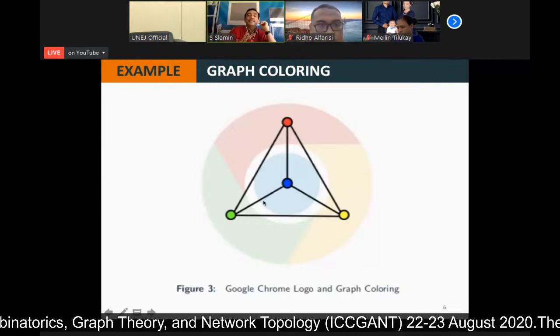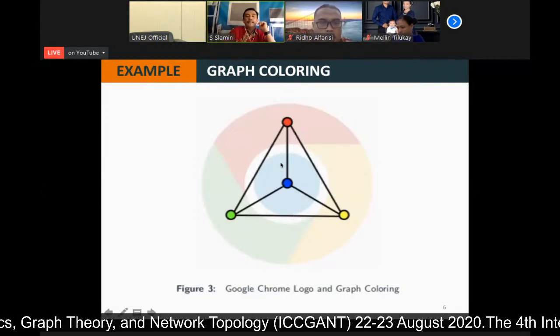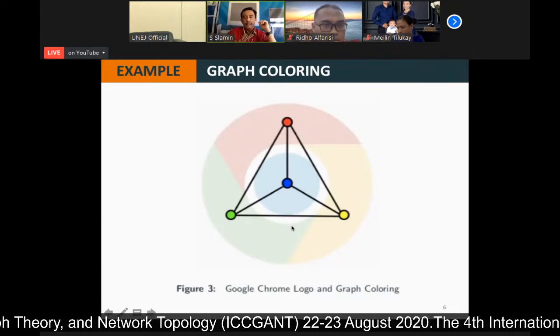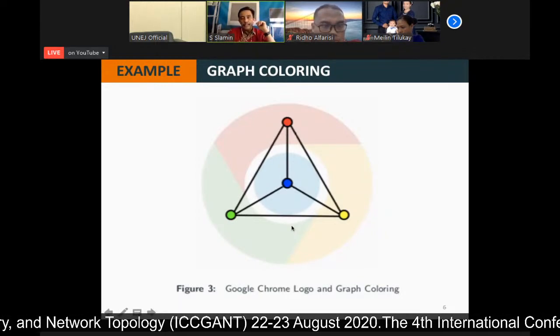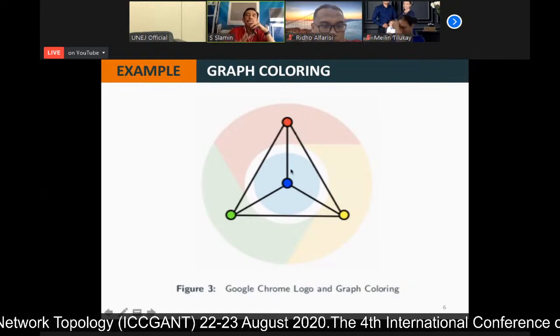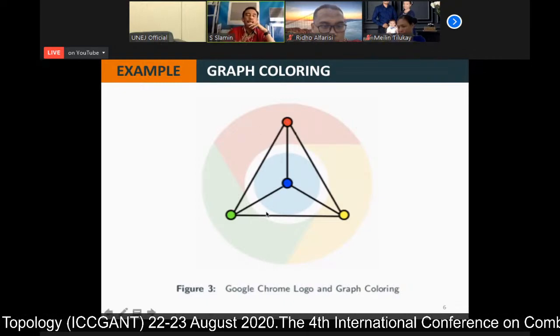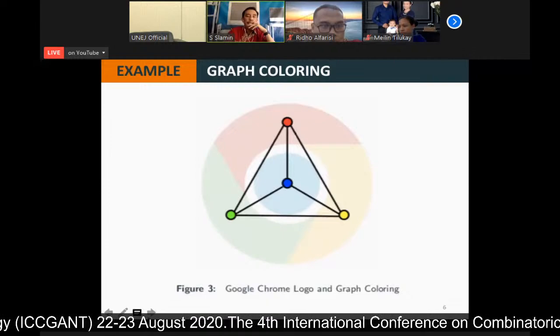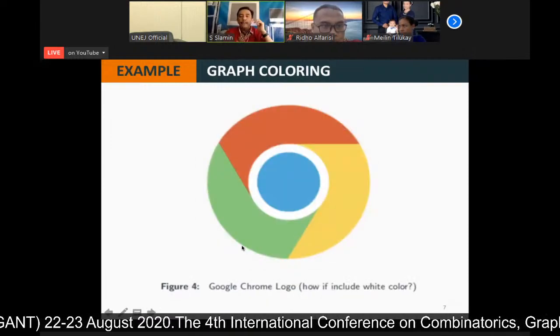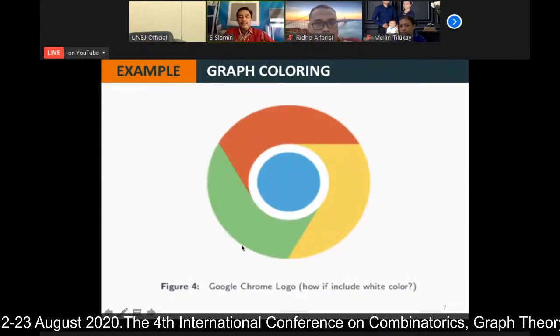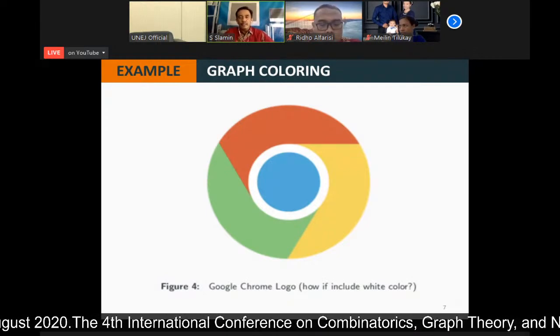So by ignoring the white color, you can have four colors. What if we include the white color? So that's the homework, but I think it is simple.